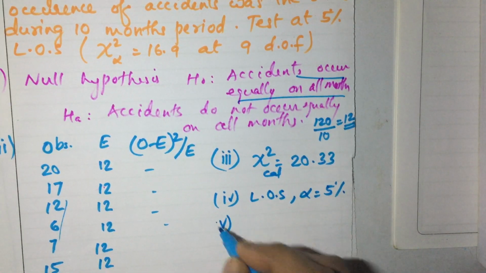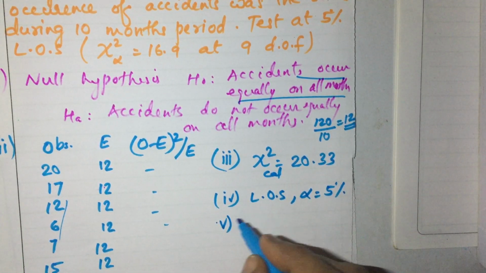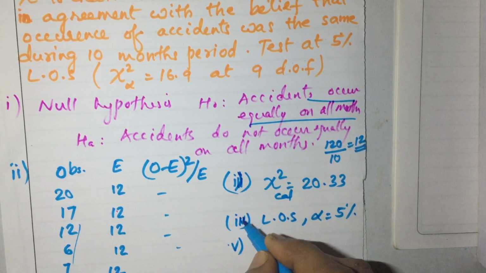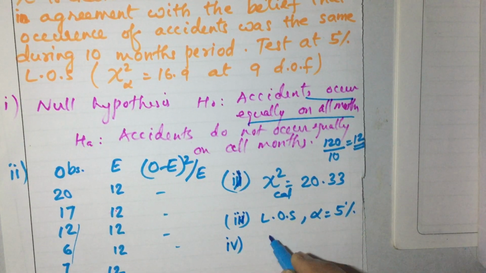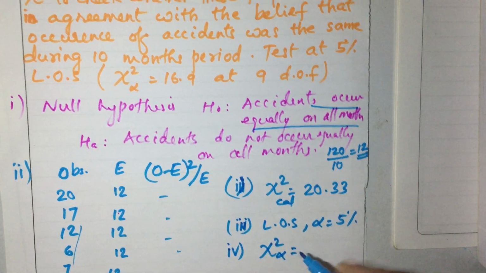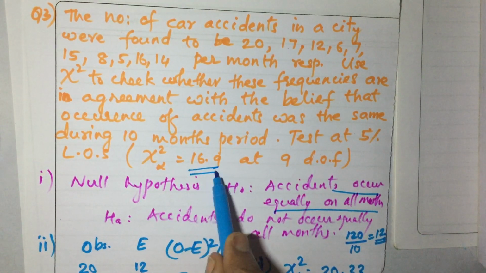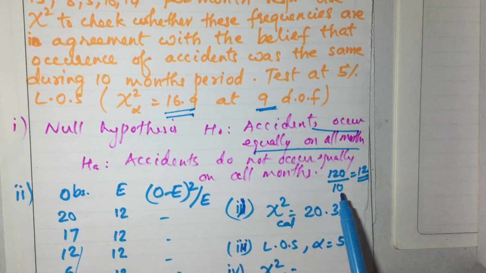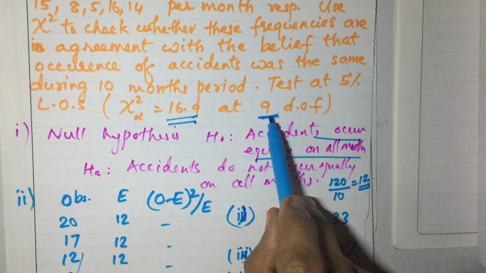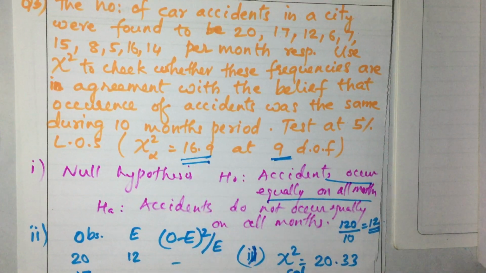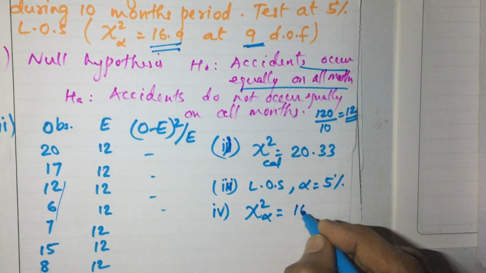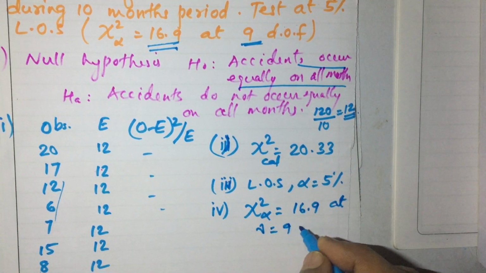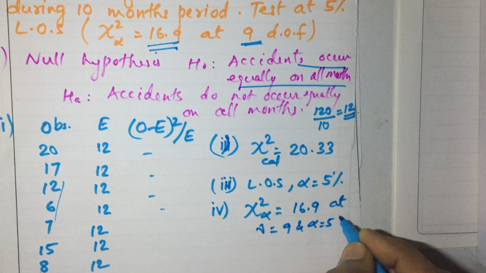Now the critical value chi-square alpha, that also is given, 16.9 at 9 degrees of freedom, because total 10 minus 1 is 9, and chi-square alpha is given as 16.9 at degrees of freedom 9 and alpha 5%.